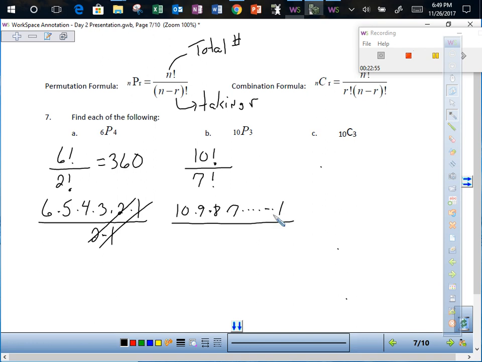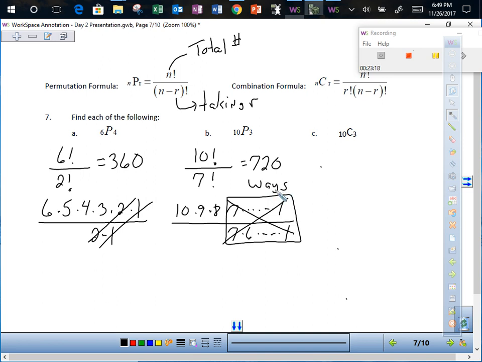But 7 factorial means 7 times 6 all the way down to 1. Well, this block of numbers is going to cancel out, leaving me with 10 times 9 times 8, which is going to be 720 different ways.